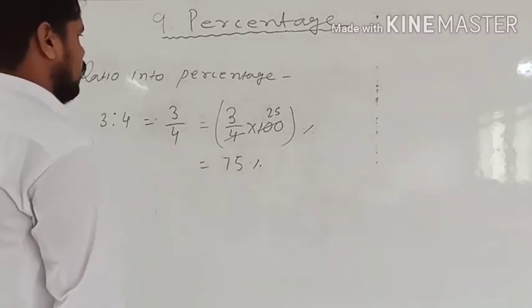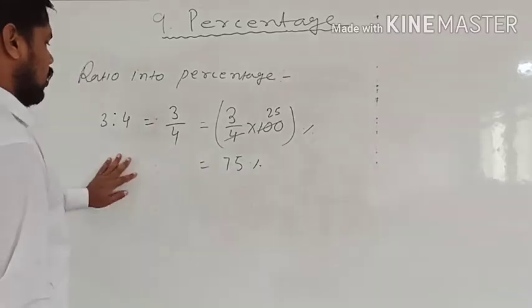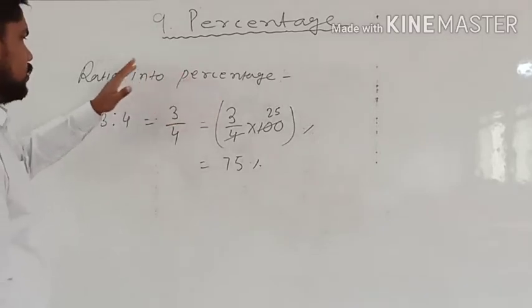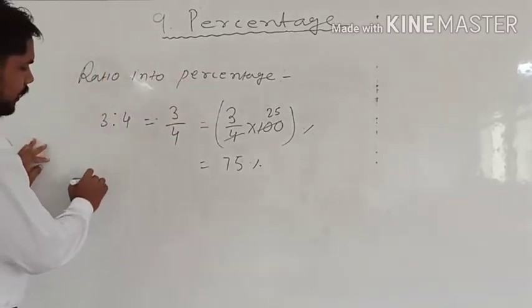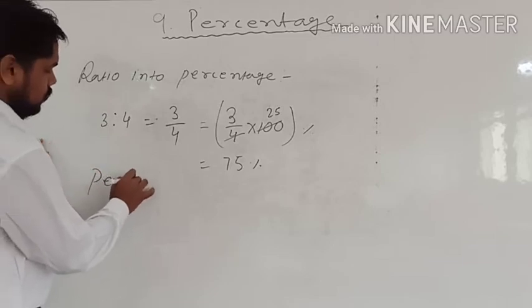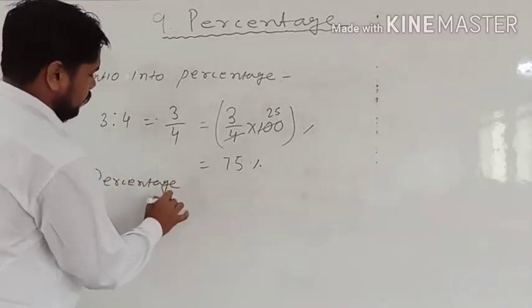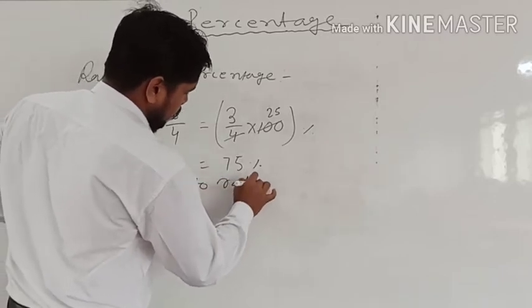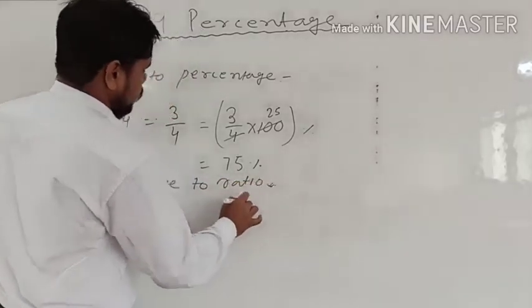Okay, so let us take one more example, just the opposite of that: percentage to ratio. How can we convert? So now we will convert percentage to ratio, just vice versa.